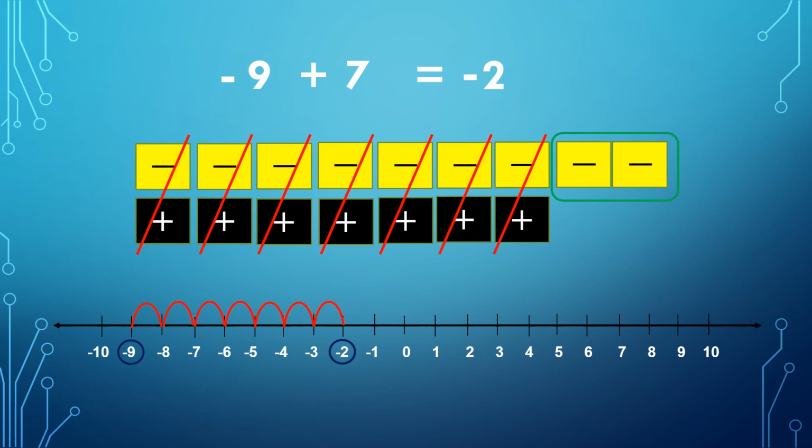There you go. Our answer is the same using the 3 methods. So negative 9 plus positive 7 equals negative 2. Great job, learners!